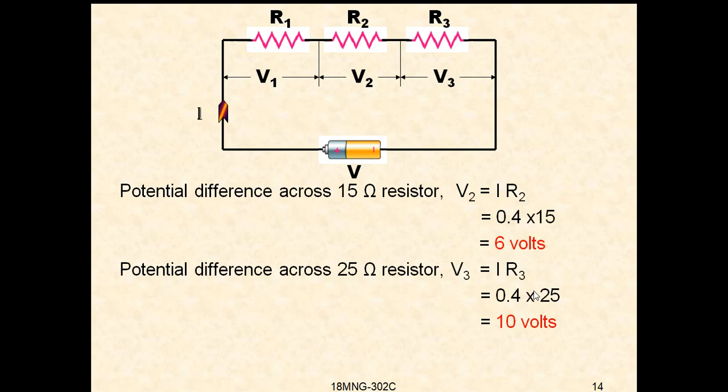This is the voltage across the resistor R3.